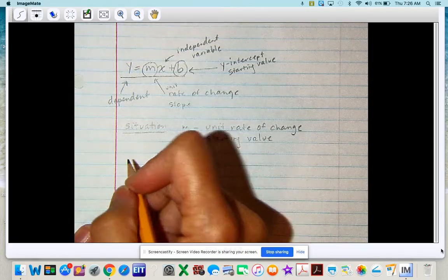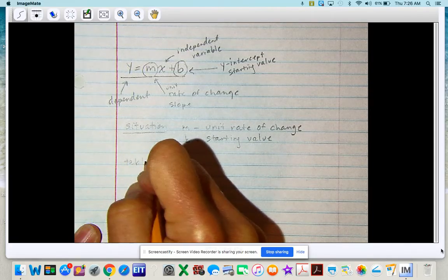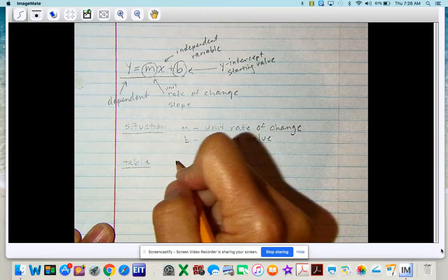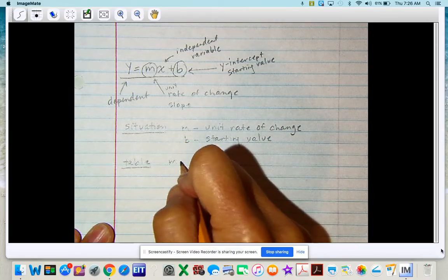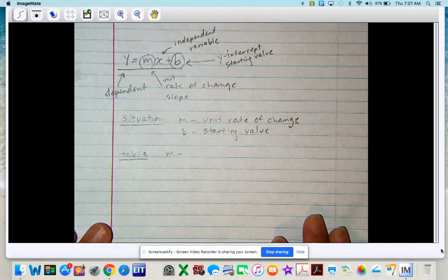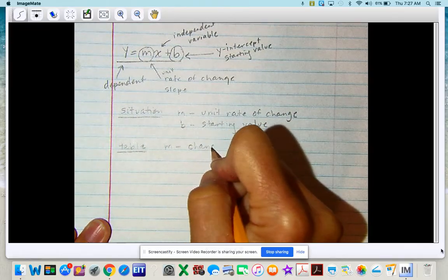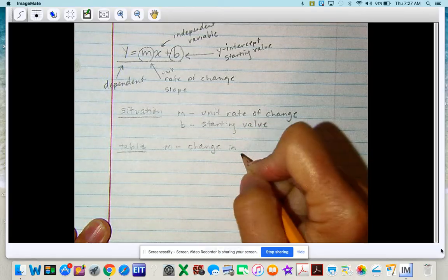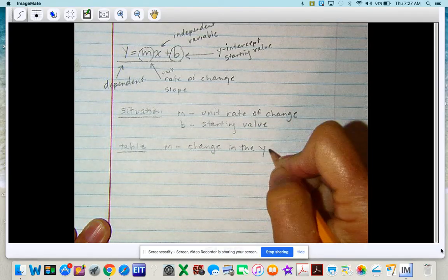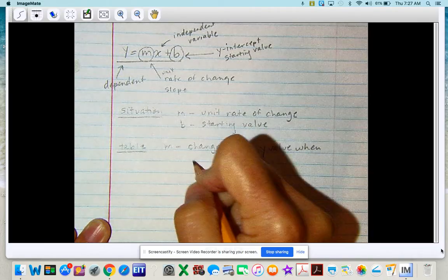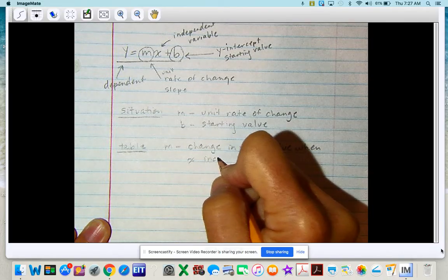All right, how about in a table? How do you find the m? When you have a table of values, you're going to find the unit rate of change by looking at the change in the y value when x increases by 1.